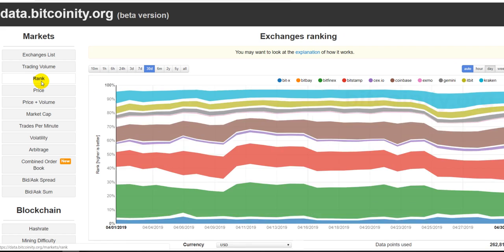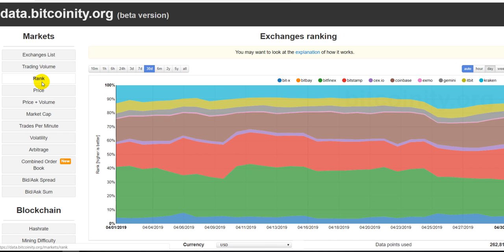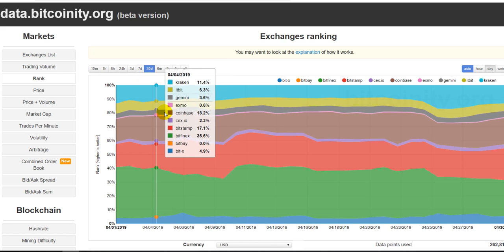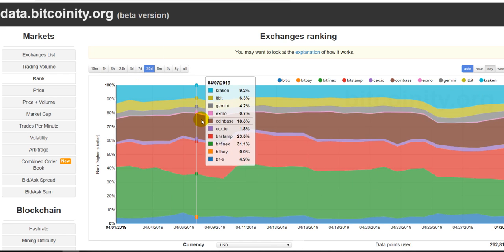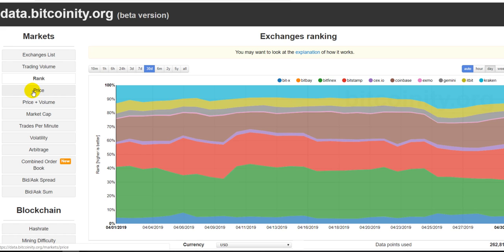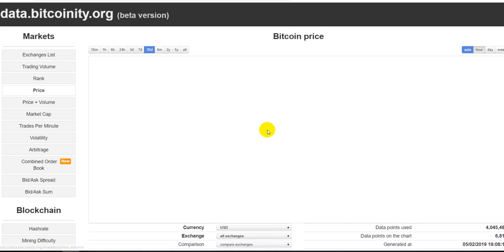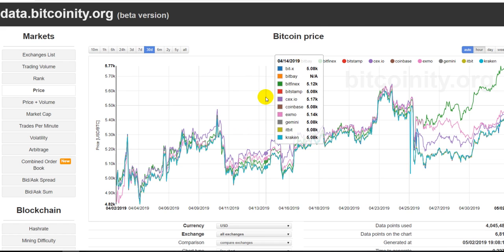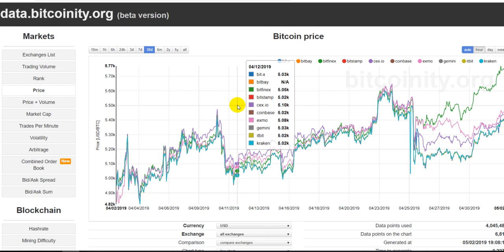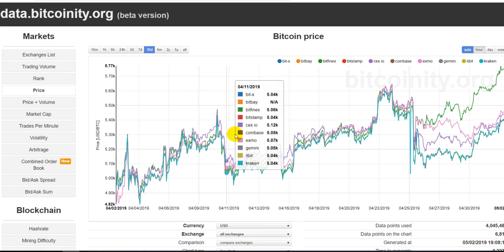And then we have the rank, historically seen regarding the trading, how it developed over time. That's also interesting. Then here, not only the price in total, which you can see on Coin Market Cap, one price.